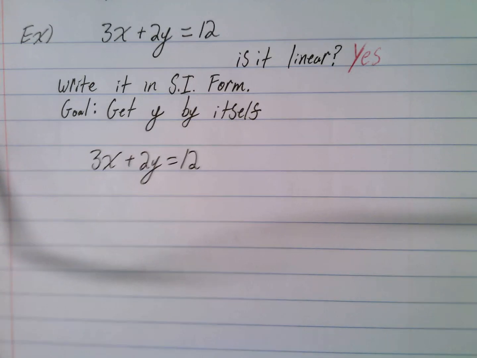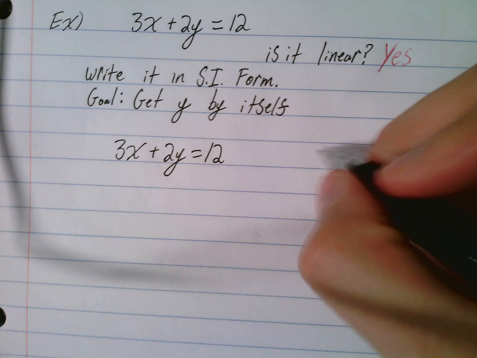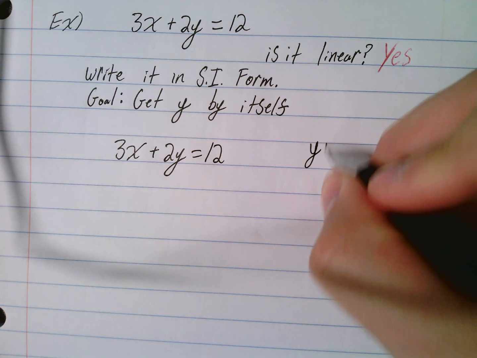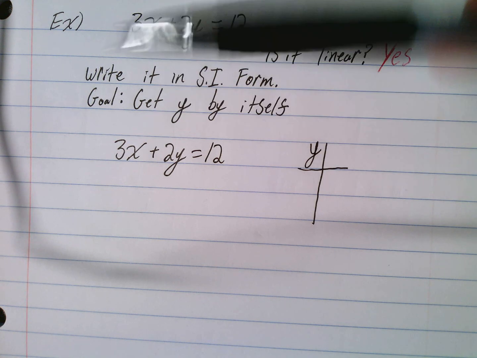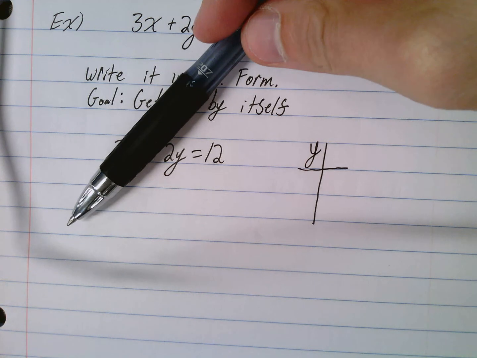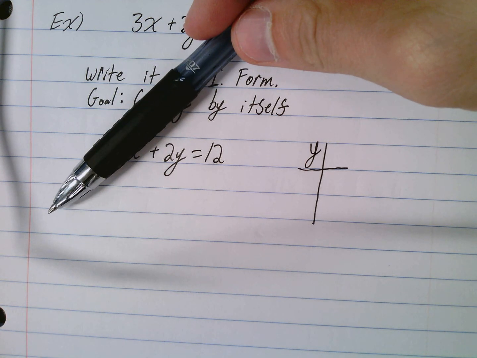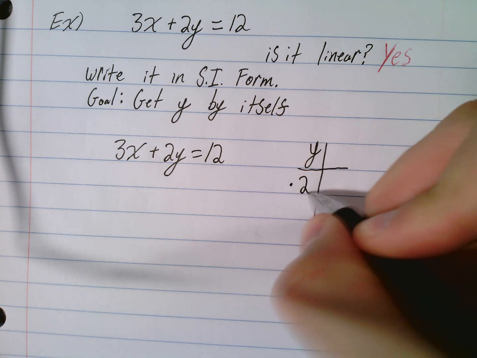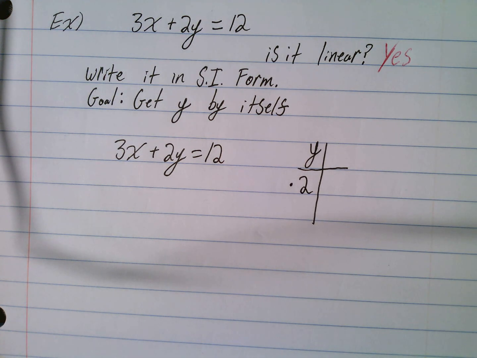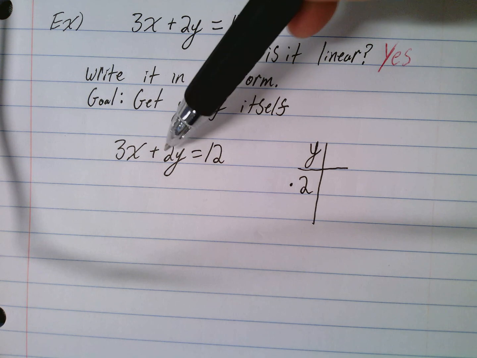Let's say, what am I doing to y? What's the first thing that happens to y? I'm multiplying it by 2. Good. What's the next thing that I do after I multiply it by 2?